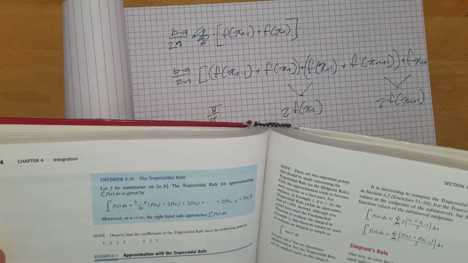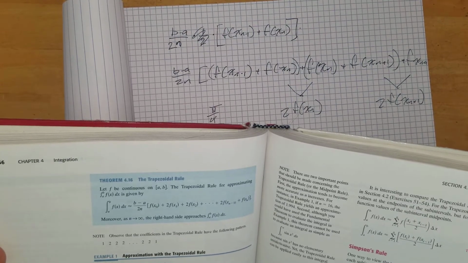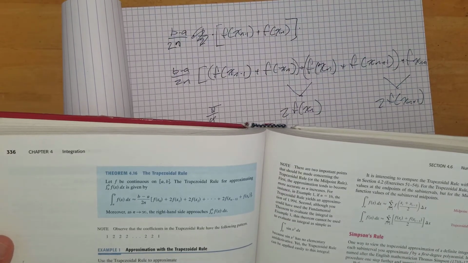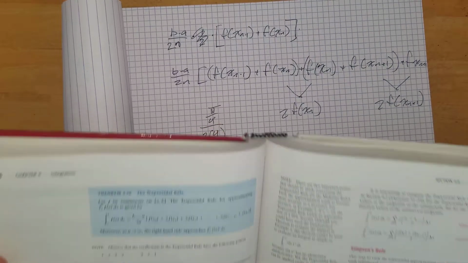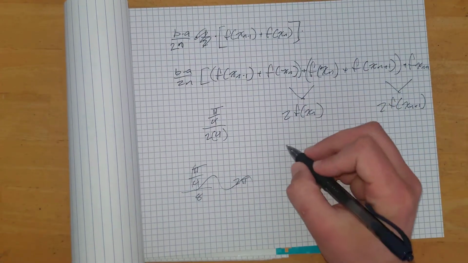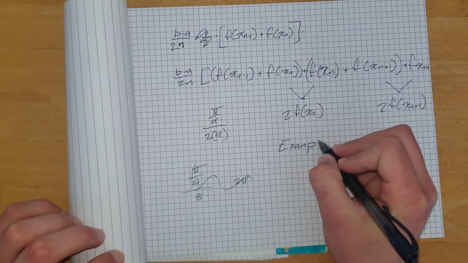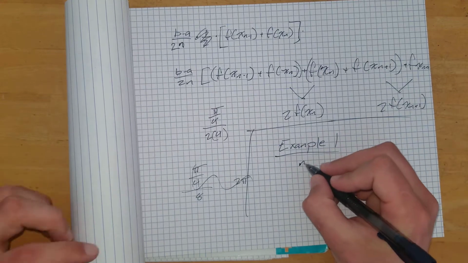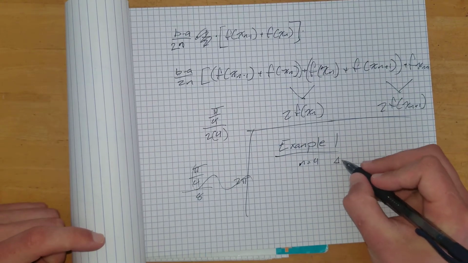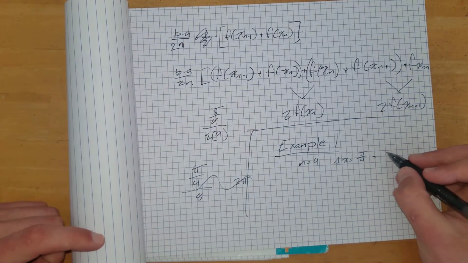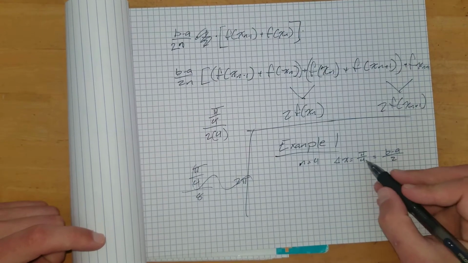Oh, I'm looking at the... Ah, that's what I did. So if we're looking at example 1, box out. Example 1, we have n equals 4 and delta x equals pi over 4. In other words, b minus a over 2 equals pi over 4.